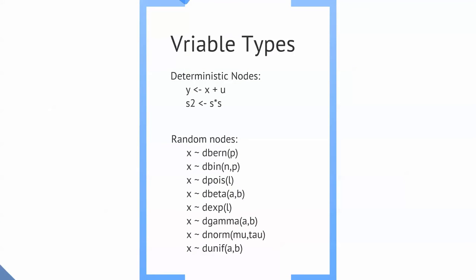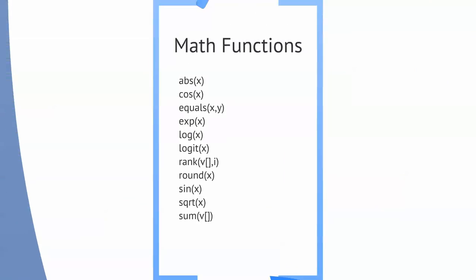So after we talked about variables, let's move on to what other functions it supports. There are functions such as absolute values of x, cos, whether x and y are equal or not, exp, log, logit, rank, round, sine, square root, and sum.